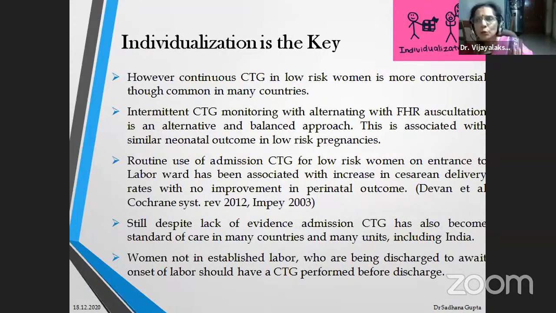But we are doing admission CTGs, although as everybody said, routinely it is not required, but we are always worried. We don't know whether we will miss something because some cases have happened. Of course, looking at the fetal heart first is important because you have to prove that when the patient came, the fetal heart was good or not good.